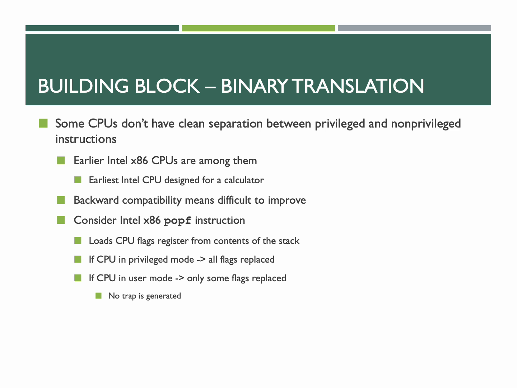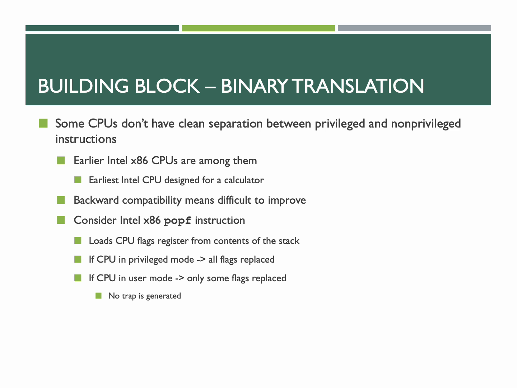Now, the popf instruction is used to load the CPU flags register from the contents of the stack. This instruction's behavior changes based on the mode in which the CPU is operating. First of all, we have privileged mode. If executed in privileged mode, popf replaces all flags in the flags register, allowing full control over the processor's state.